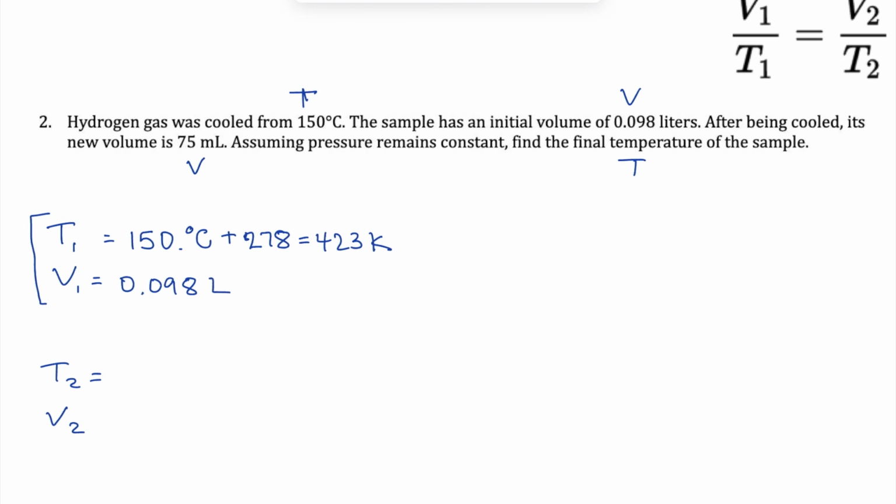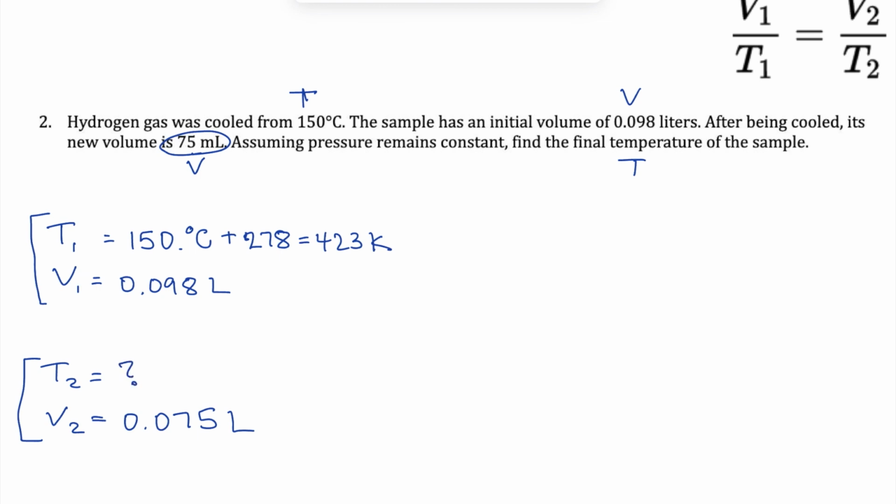After being cooled, the volume is given in 75 milliliters, but our standard unit for volume is liters, so we need to divide by 1,000, and we get 0.075 liters. Assuming the pressure remains constant, find the final temperature. So we're looking for temperature 2.